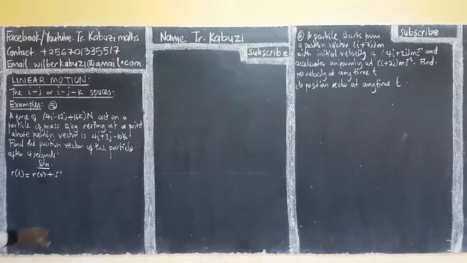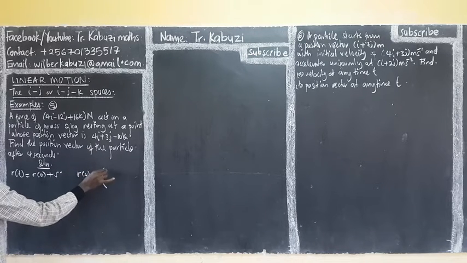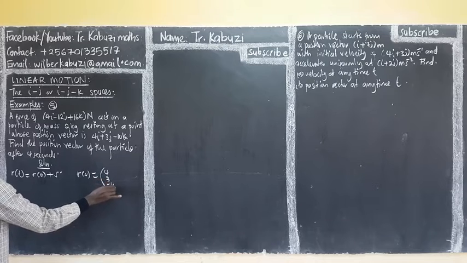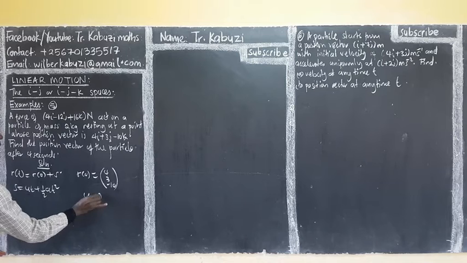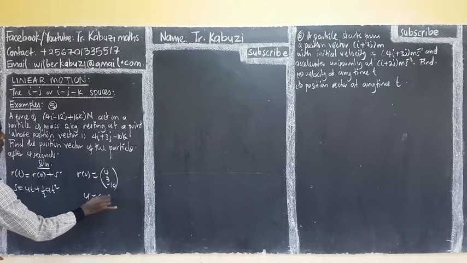So from here we have our r as, let me give it in vector form, (4, 3, -10). That's all we have, but remember in our s, we need u, then plus half a t squared. So we need acceleration, but because it's from rest, our u is going to be 0 meters per second.